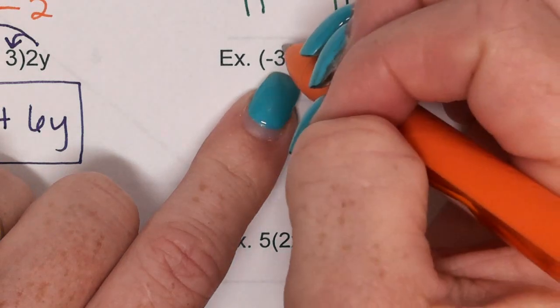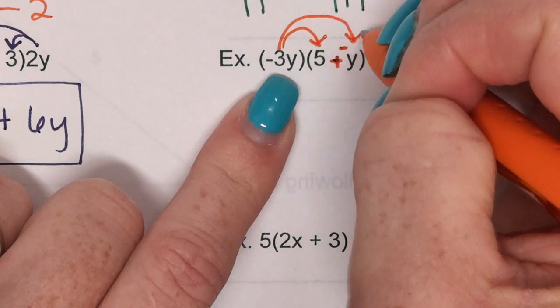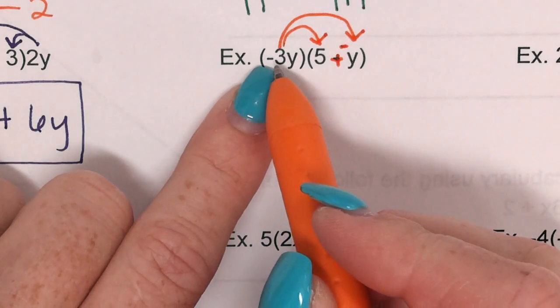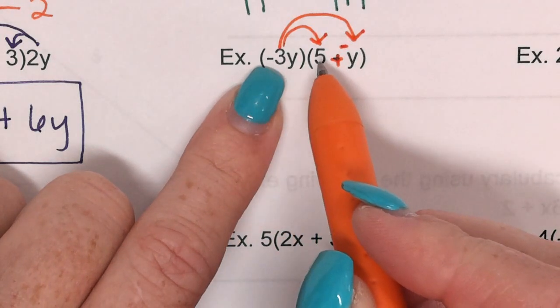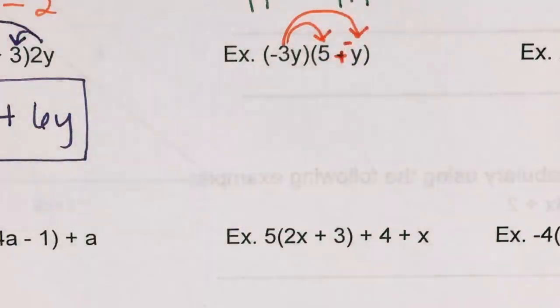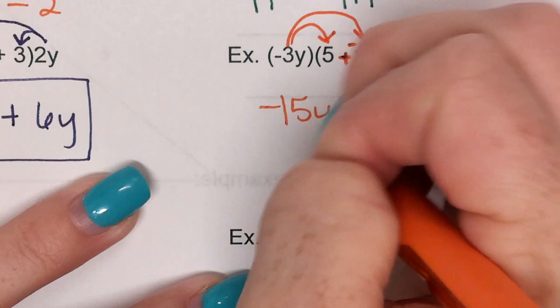So I'm going to do negative 3y times 5 and negative 3y times negative y. What is negative 3y times 5? Negative 15y. So you basically just multiply the numbers together and then just keep the variable. Okay, so negative 3 times 5 is negative 15. Keep the y.